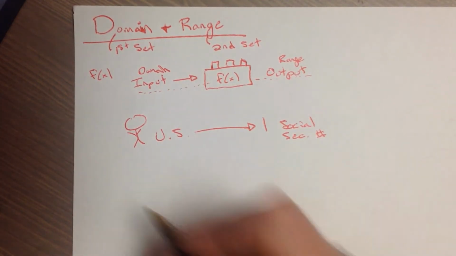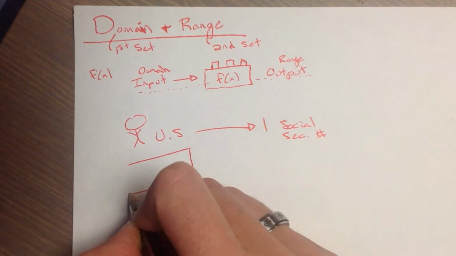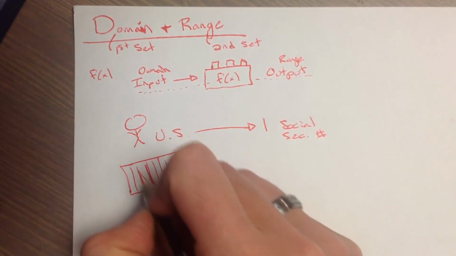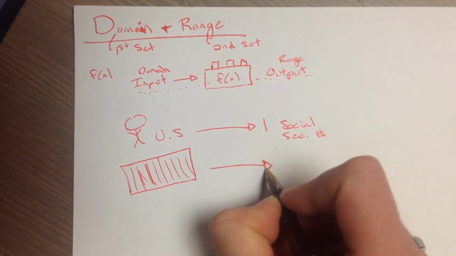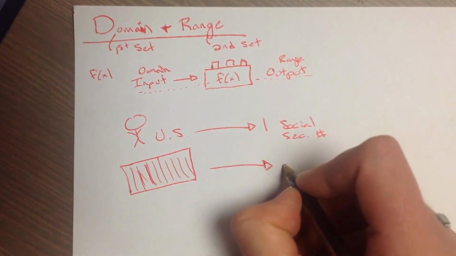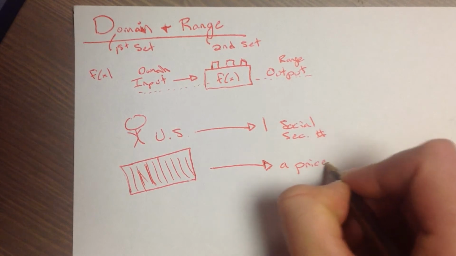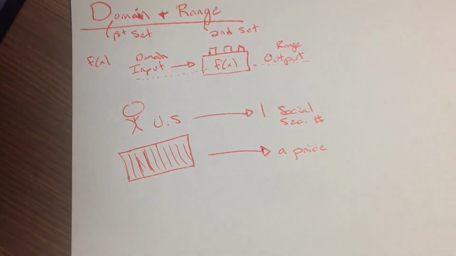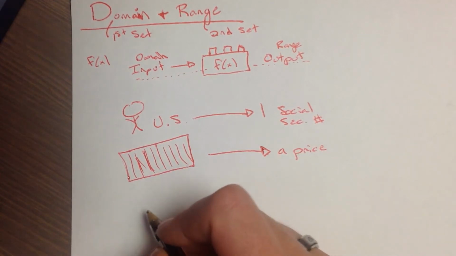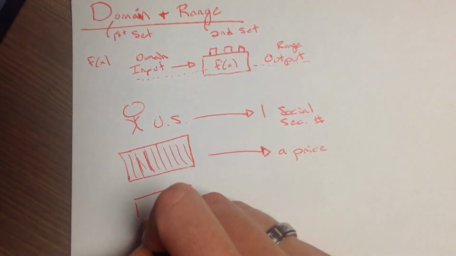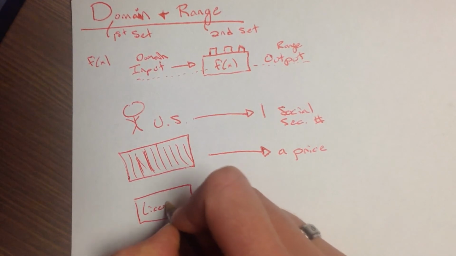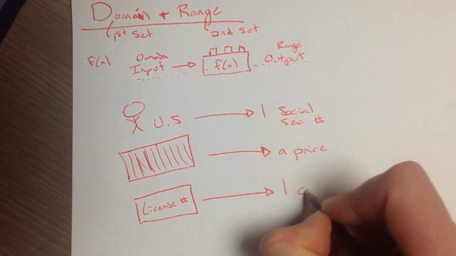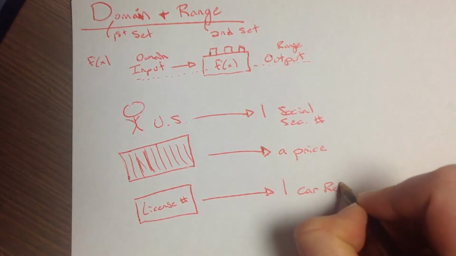Or to each barcode in a store, so we have our barcode here, there is a price listed in the store clerk's till when they ring you up at the front. To each license plate number, there is one car registered.